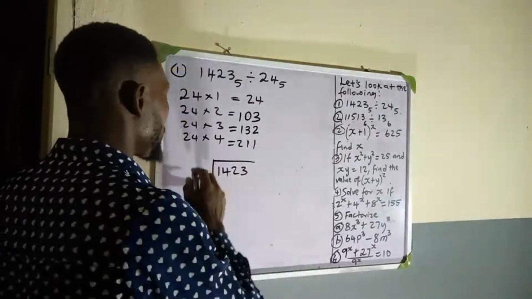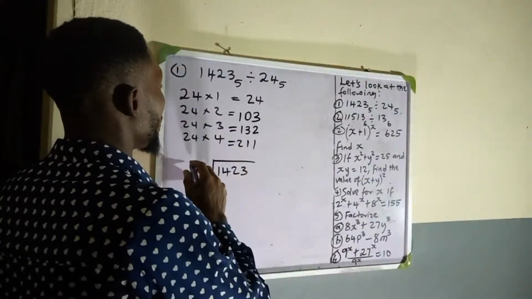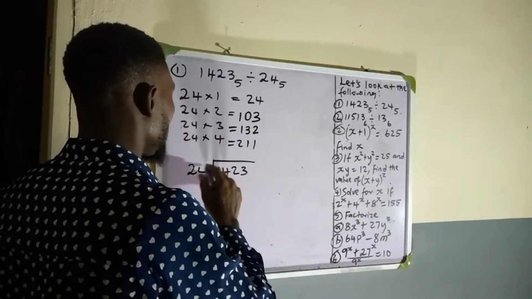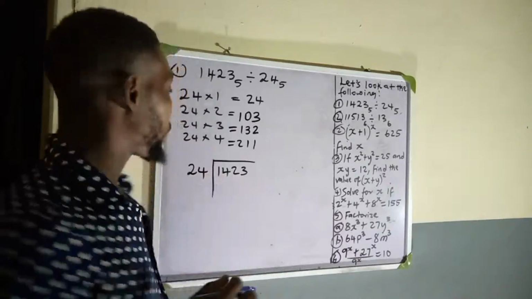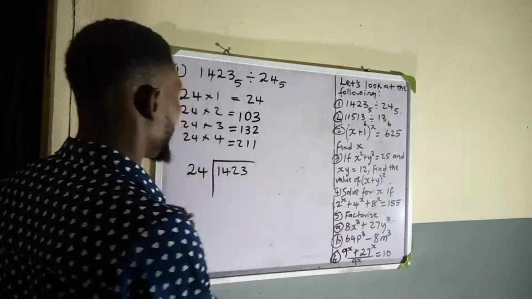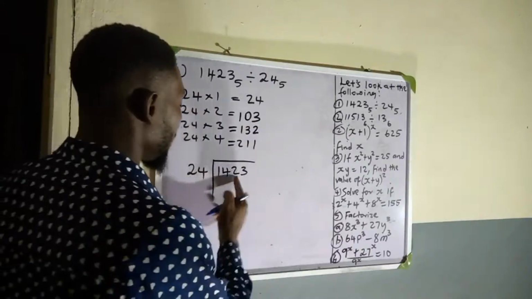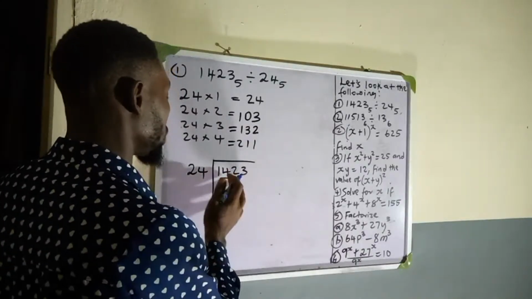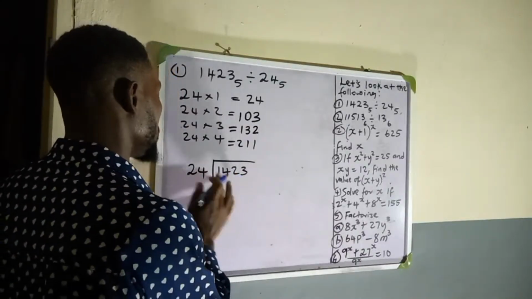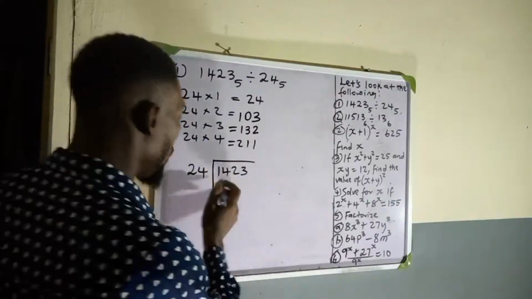So we're dividing 1423 by 24, both in base 5. If we divide by 24, we can take 3 digits. We can't take 2 because 14 is smaller than 24. So we take 142.